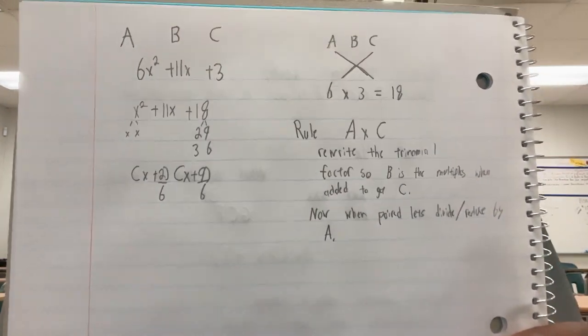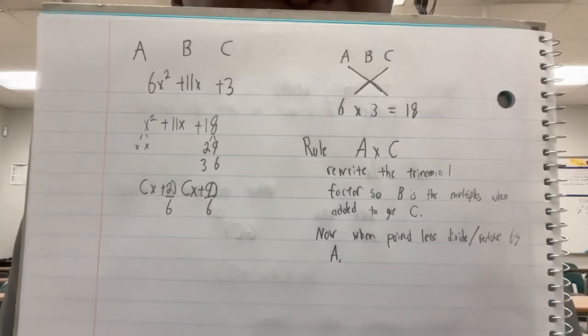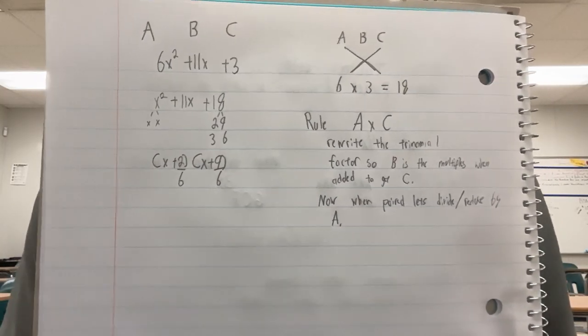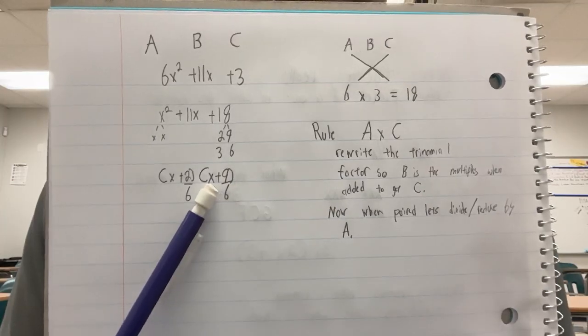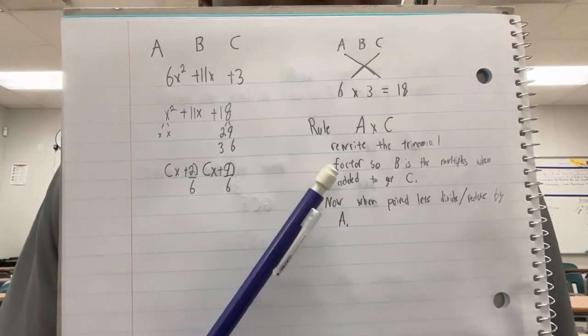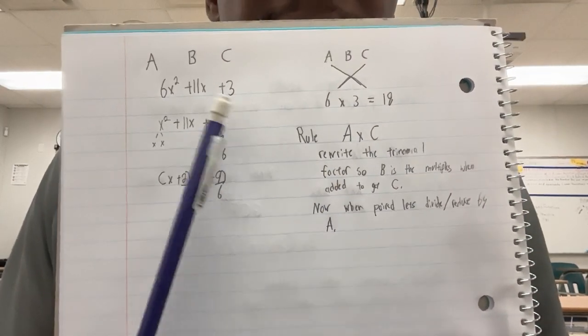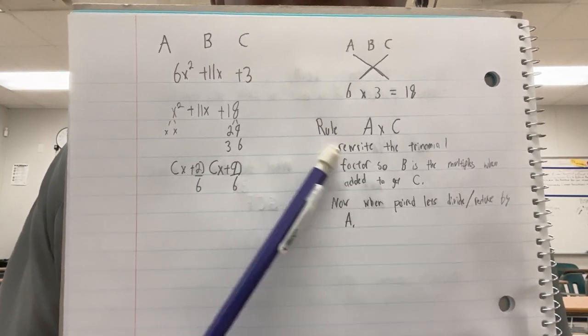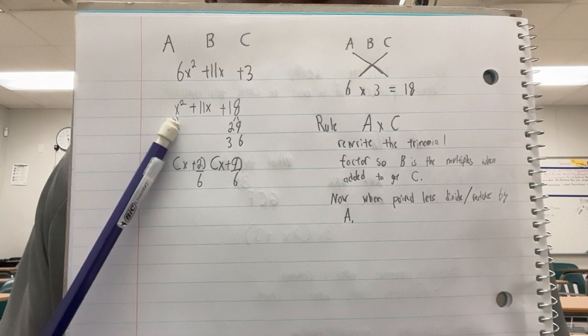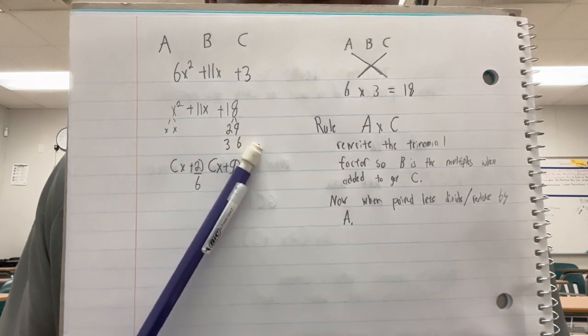So here's what I'm writing. This is what's being defined. I just wrote x plus 2, x plus 9. Why? Because when I did my rule of A times C, I got 18, which is above. I rewrote my trinomial, x squared plus 11x plus 18.